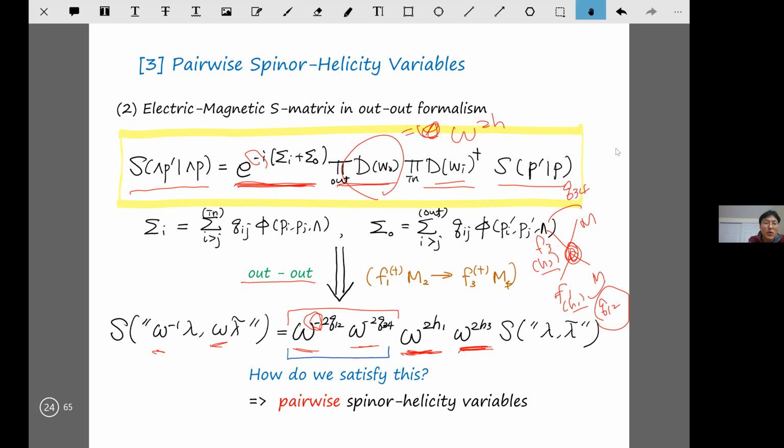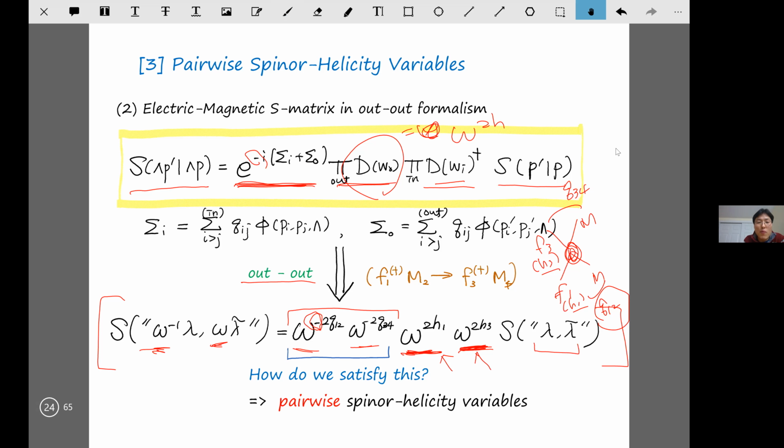Now we have understood that this is the form of the transformation. The question is, we know how to make this happen, right? Because that's how regular spinor helicity variables are constructed. Regular spinor helicity variables are constructed in such a way that under little group scaling, they pick up the correct helicity phase. That's how it is constructed.